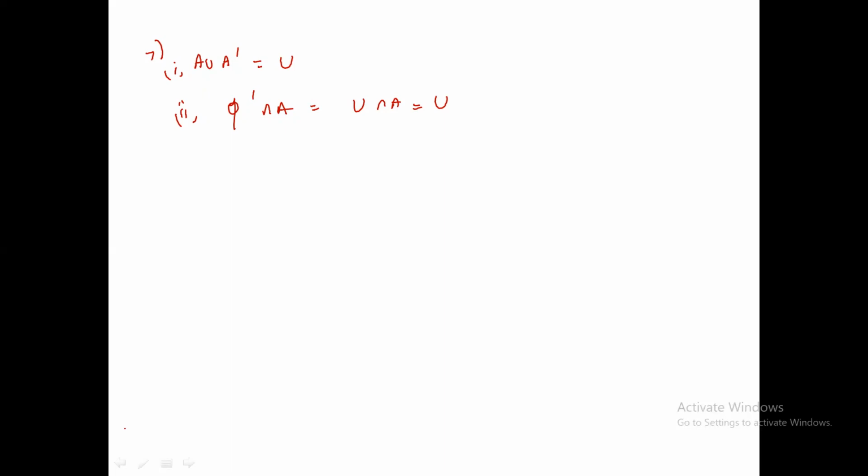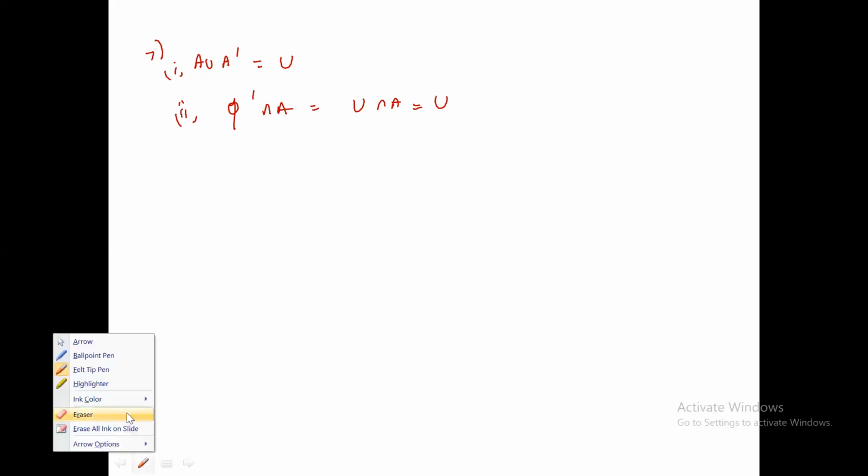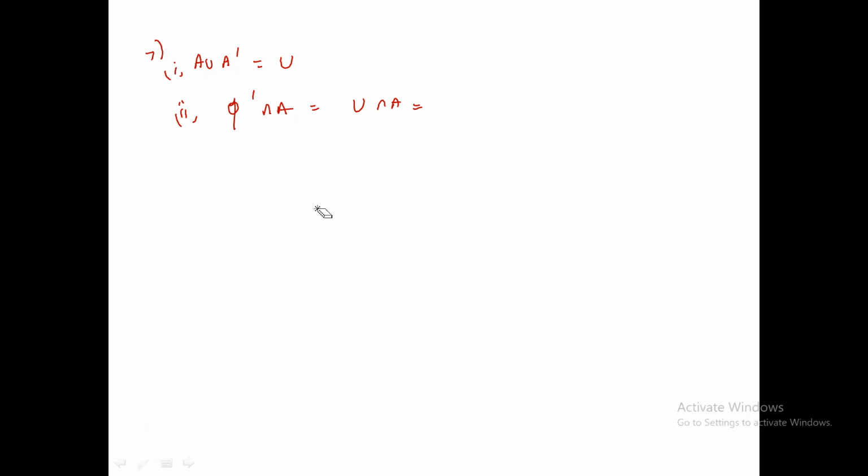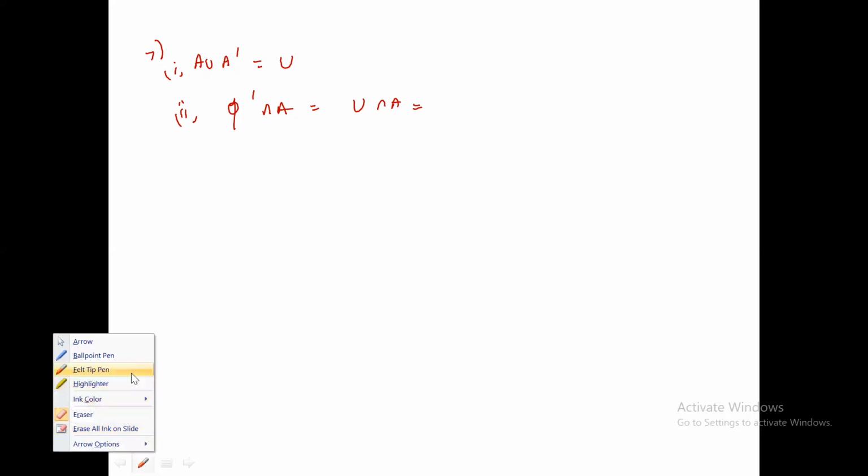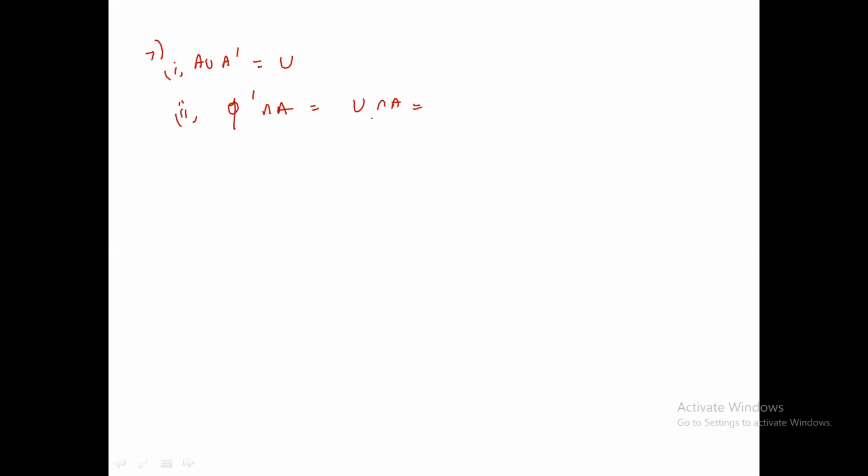But you have to take intersection, not union. Phi dash is the universal set. Common between the universal set and set A, what will be common? It will be set A only, isn't it?